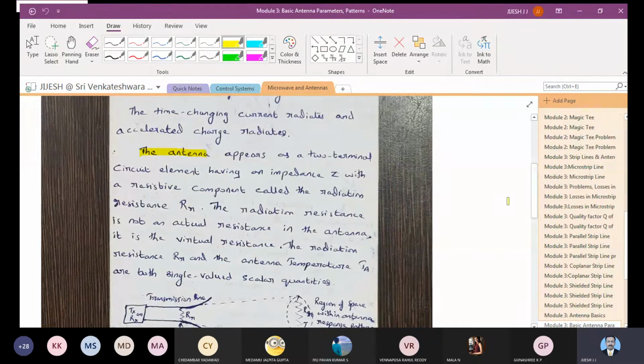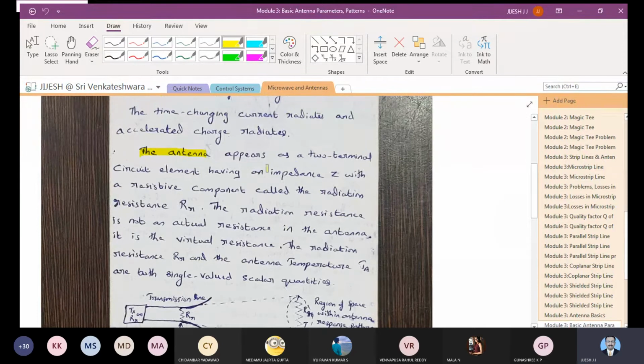Here we can see that the antenna appears to be a two-terminal circuit element having an impedance Z, with the resistive component called the radiation resistance, RR.